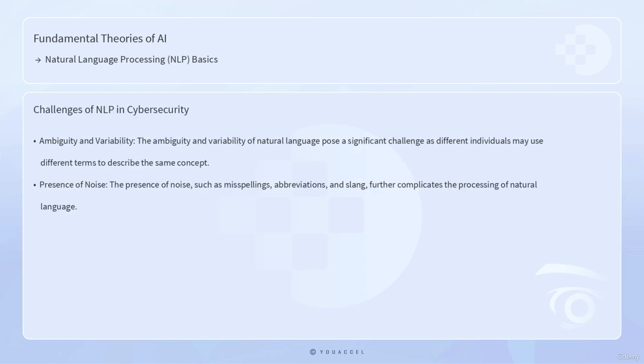Despite its numerous advantages, NLP in cybersecurity also faces several challenges. One significant challenge is the ambiguity and variability of natural language. Different individuals may use different terms to describe the same concept, making it difficult for NLP algorithms to accurately interpret and categorize the data. Additionally, the presence of noise, such as misspellings, abbreviations, and slang, further complicates the processing of natural language.